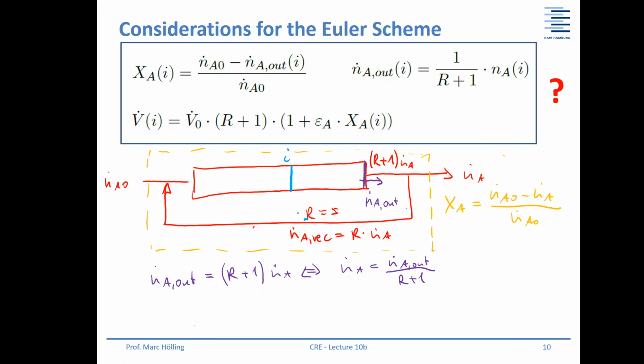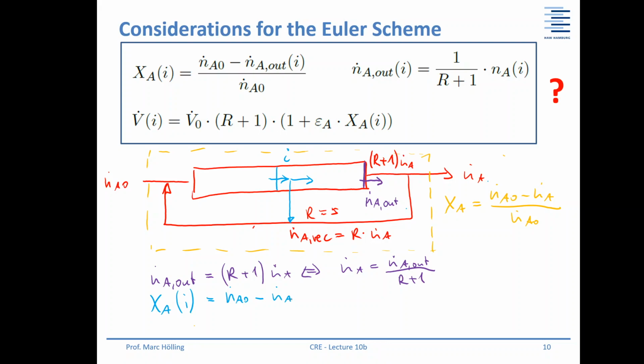Maybe it's a bad idea to put it there. Let's go here. If I want to know my conversion inside the reactor, then your conversion at any position i is the inlet mole flow minus N_A, divided by the inlet mole flow.